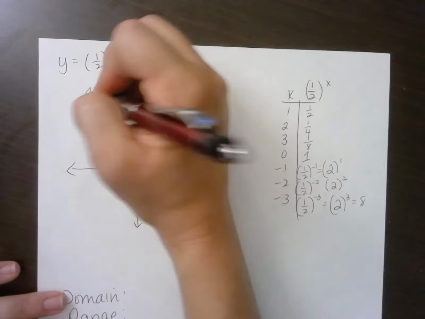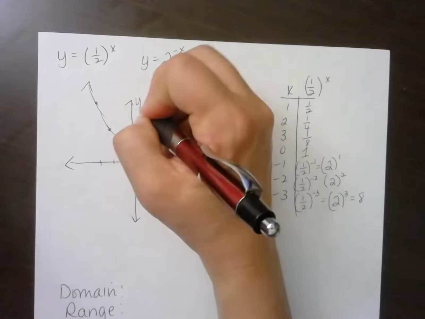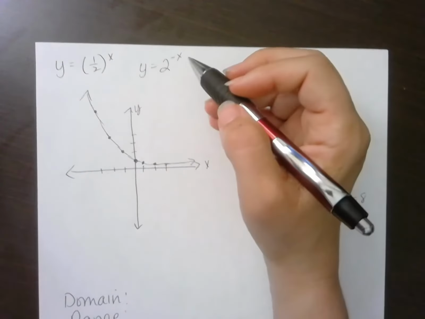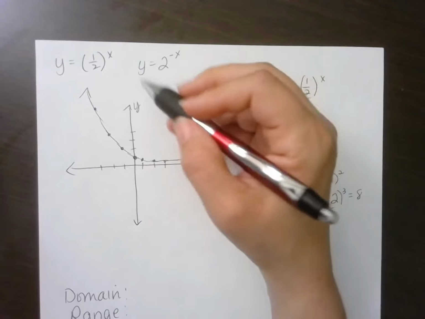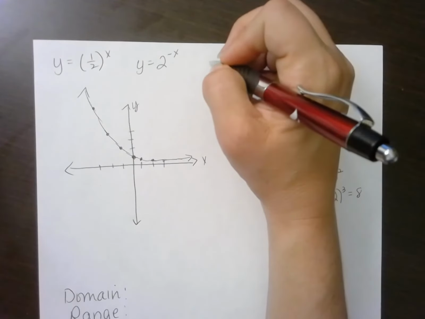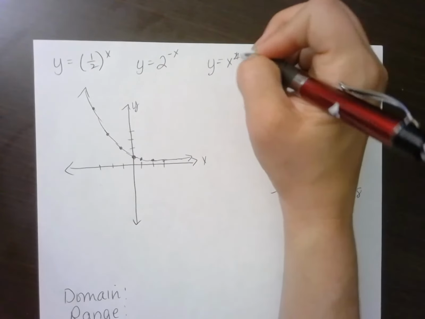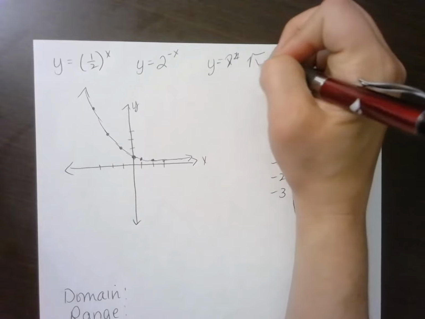It's actually a reflection over the y-axis, because remember when we were doing graphing transformations? If I had y equals x squared, well, that's not a good example. Let me try the square root of x.